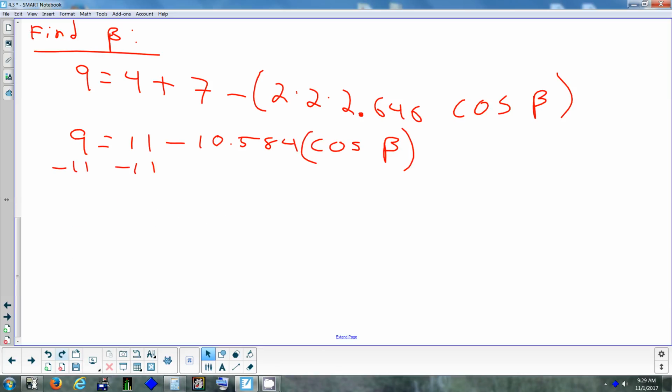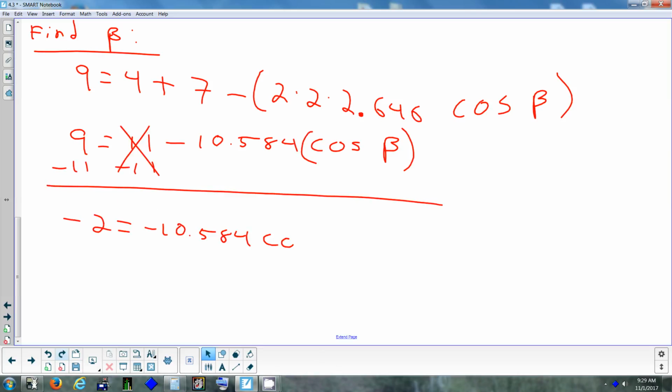Minus 11, minus 11. So 11's gone. 9 minus 11 gives me negative 2. Okay, so that's better. We moved one thing over. Now we have to deal with that negative 10.584. Okay, how would we put the negative 10.584 on the other side? Yep. Divide. You would divide by it.